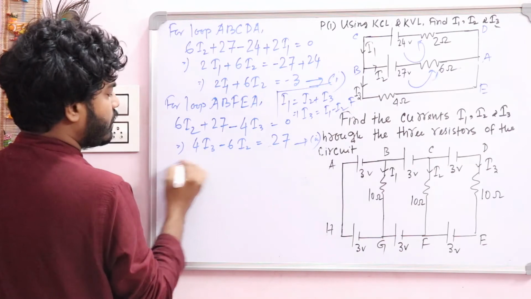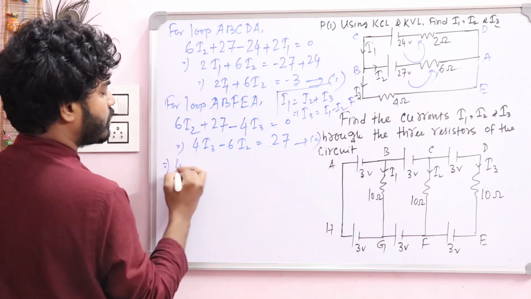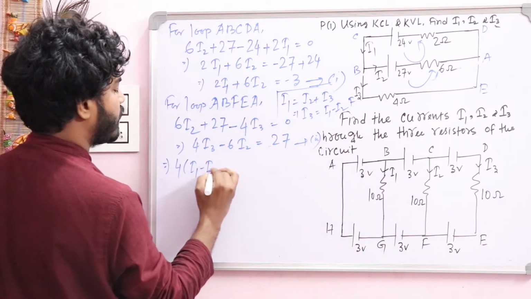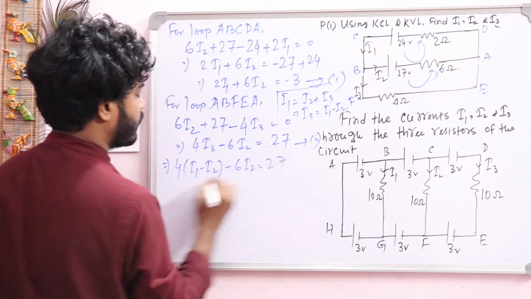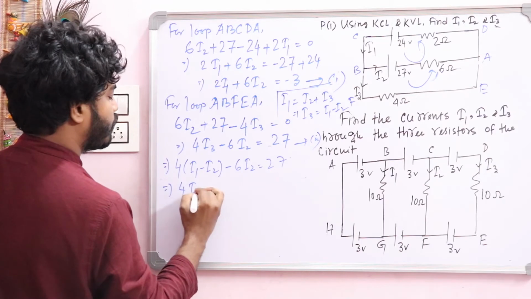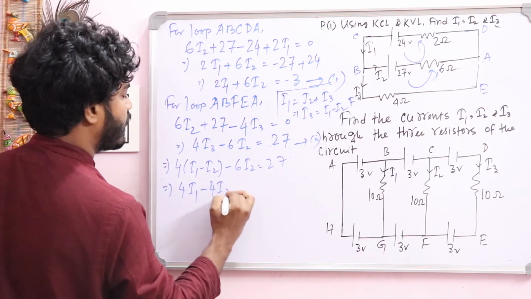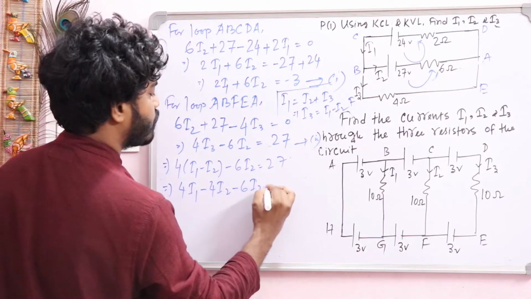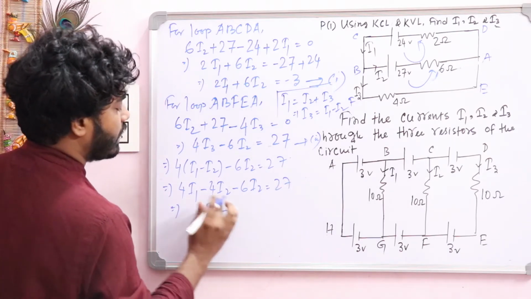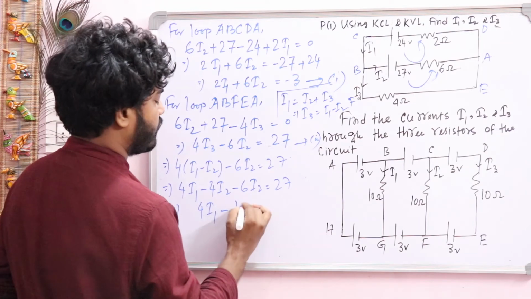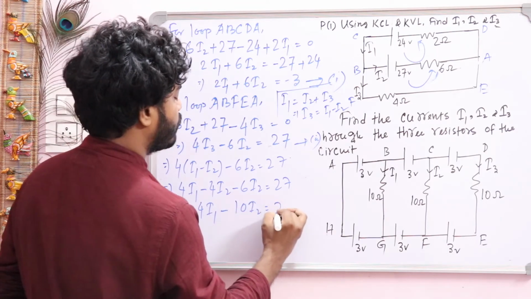You just use here, that is 4 in the place of I3, write I1 minus I2, minus 6I2, that is equal to 27. Now simplify, that is 4I1 minus 4I2 minus 6I2, that is equal to 27. So here 4I1 minus 4I2, that is 6I2, that is 10I2, that is equal to 27.